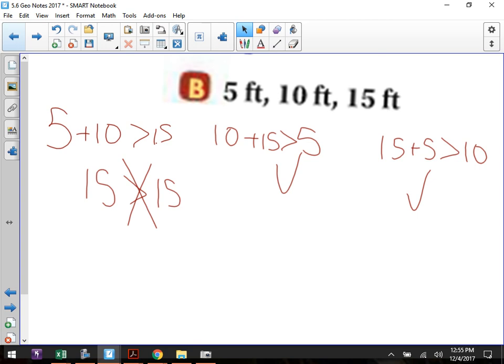Here are the two side lengths that equal the other side length. If you try to put them on the edges to fold them over, it just lays flat, which means you don't get a triangle. That's why that doesn't work. Now, that allows you then to be able to do something like this.